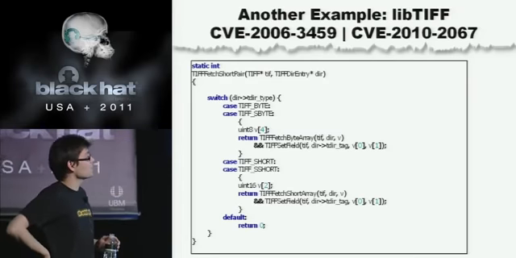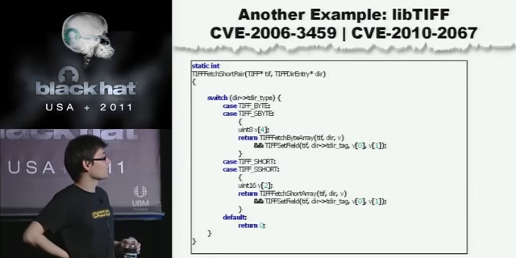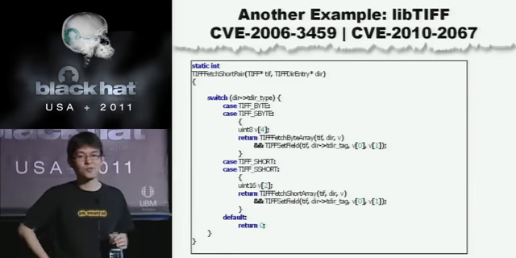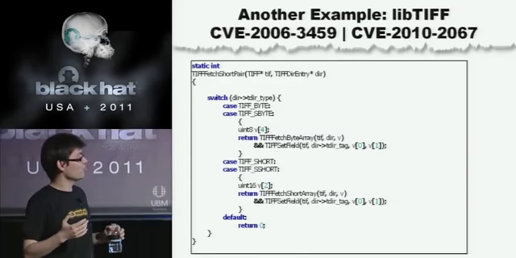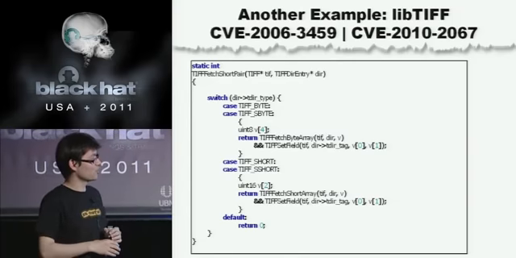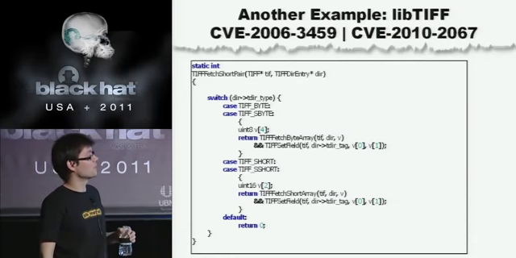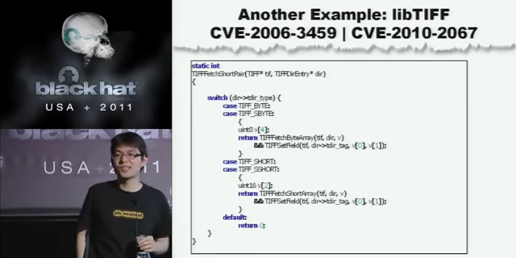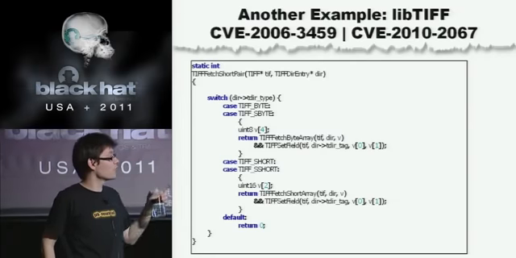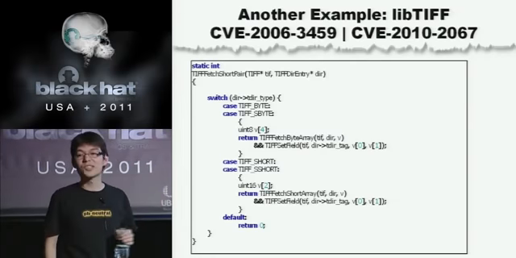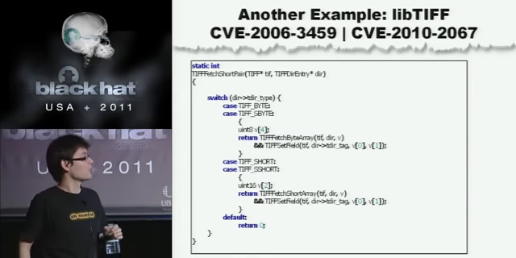What this does is it copies data into this buffer. Now you're probably going to ask yourself, how much data? Well, the amount of data to be copied is in the dir structure, in TIFFDirEntry. So you can't really see explicitly how much data will be copied, and the developer didn't see this either. So you have a stack-based buffer overflow.